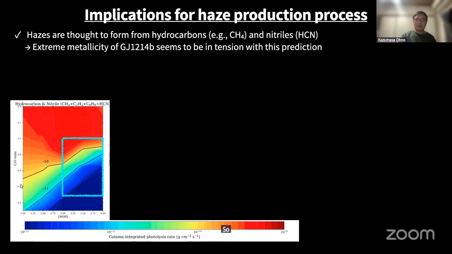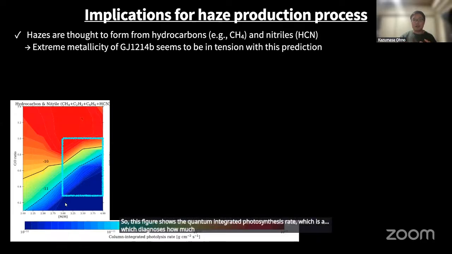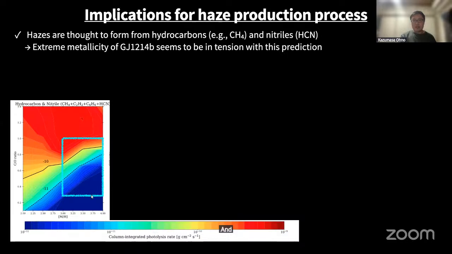So this figure shows the column-integrated photolysis rate, which diagnoses how much haze particles may form, and a higher value means a higher production rate for photochemical hazes. In high metallicity regimes, the photolysis rate of the hydrocarbons and nitriles is indeed low, except for a high C/O ratio.